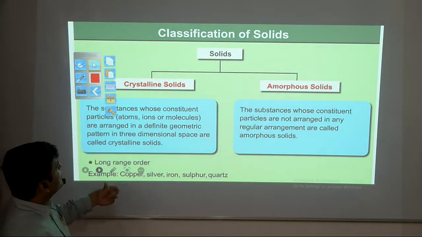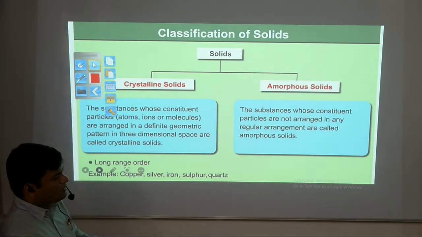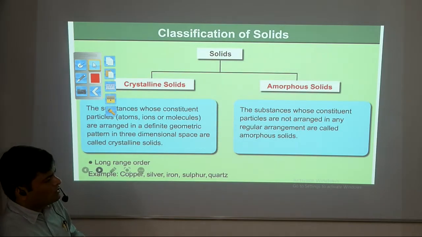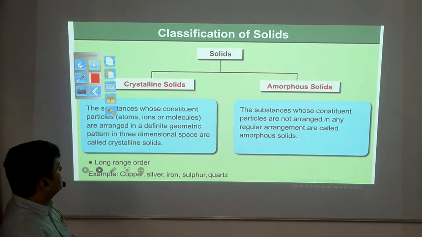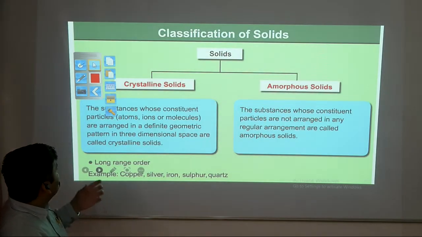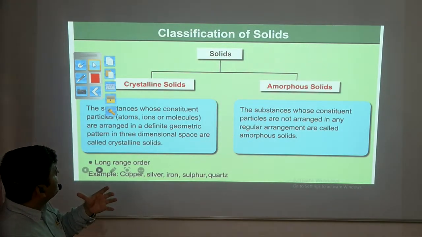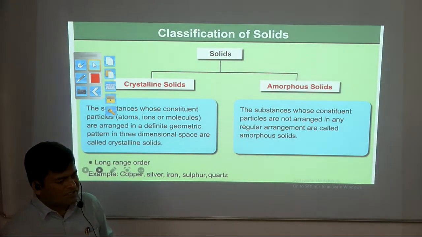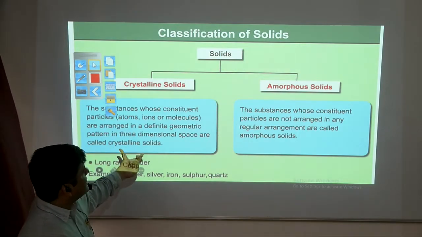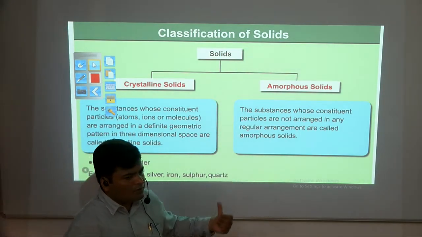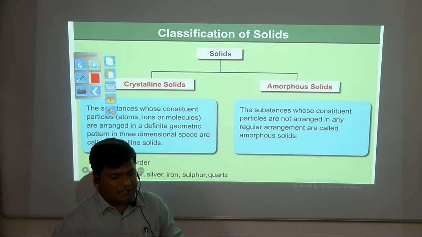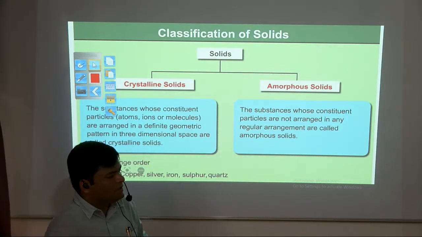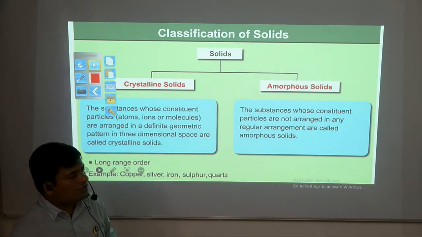In a crystalline solid, the atoms or molecules from which the solid is made are arranged in a regular manner in three-dimensional space. When we come to amorphous solids, this regular arrangement is interrupted, and the atoms, molecules or ions are arranged irregularly in three-dimensional space.